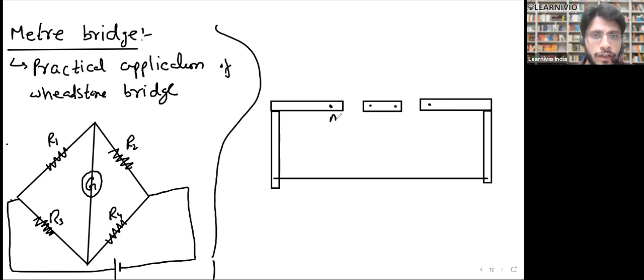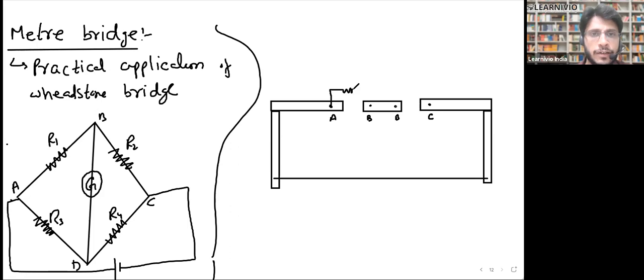So this is point A, this is point B, and this is point C. I'm taking both as point B because they are identical. Let me write their names: this is A, this is B, this is C, and this is D. Instead of wires, I'm using thick copper strips.